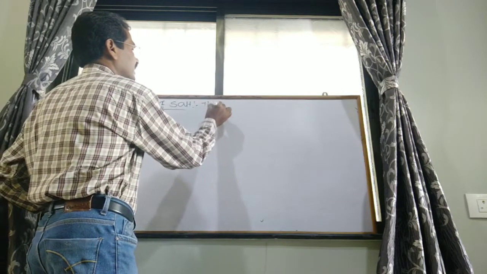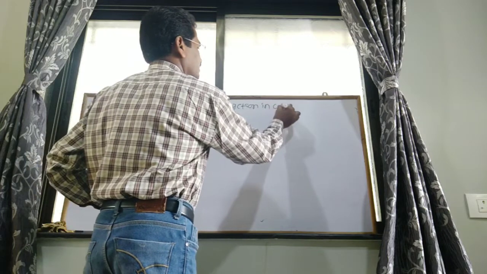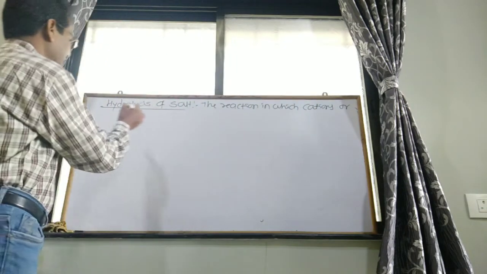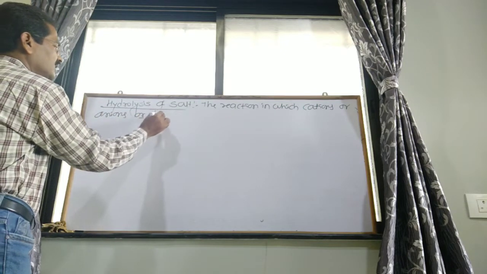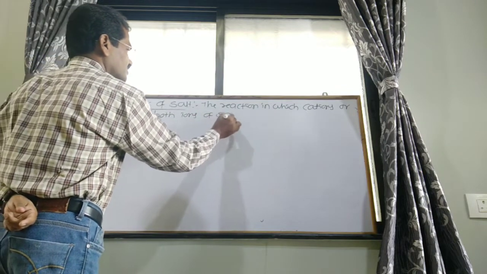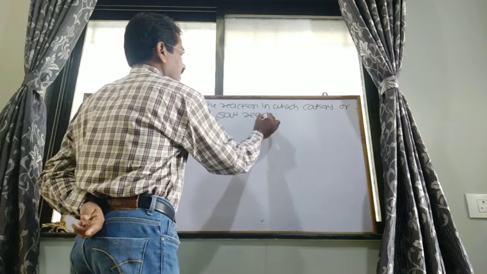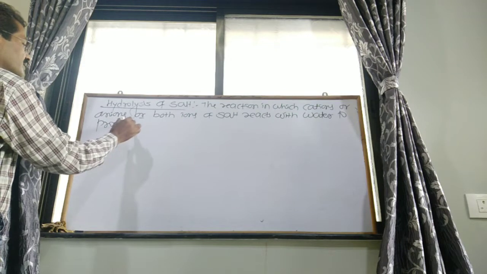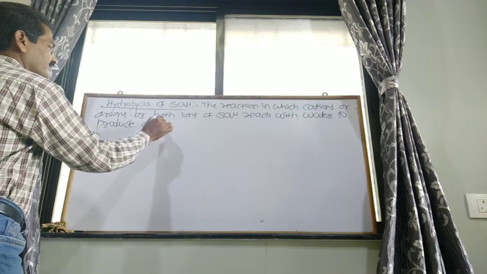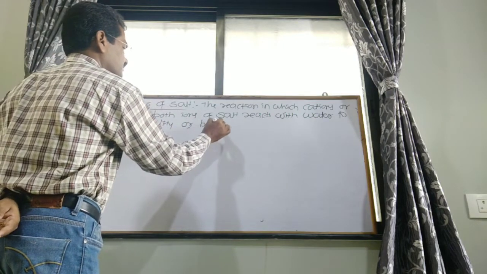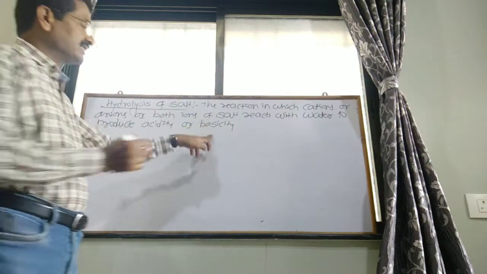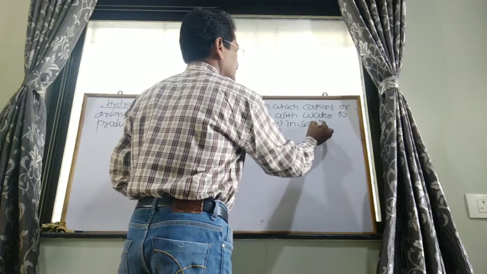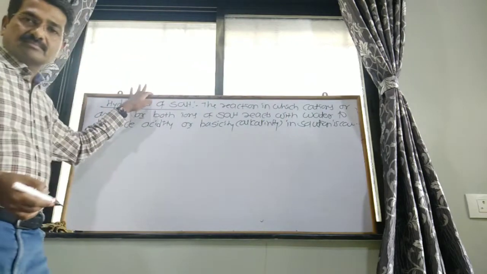So the definition: the reaction in which cations or anions or both ions of salt react with water to produce acidity or basicity, or alkalinity, in solution is called hydrolysis of salt.